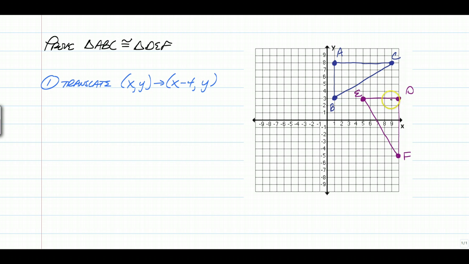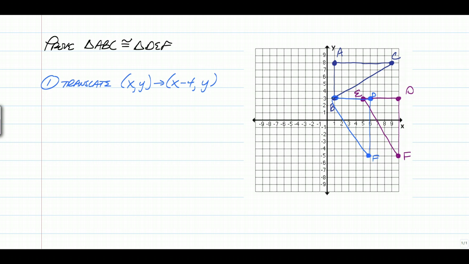That will put E on top of B. So that's going to give us E. And then that's going to move this guy 4 points to the left as well. Here's our D again. And move this guy 4 points to the left. That's going to give us our F. So here's our first step.